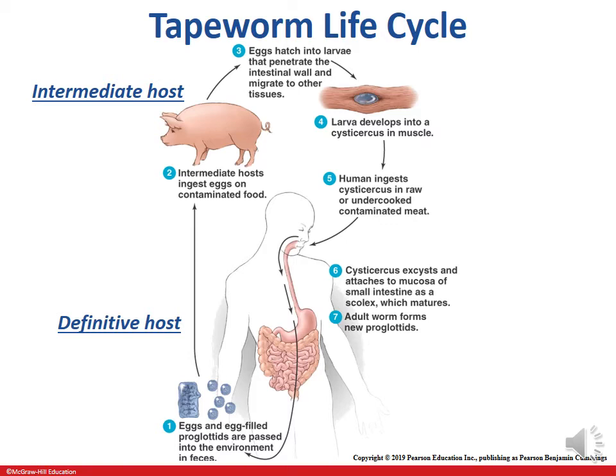And so if an intermediate host, and again, there's preferred hosts for each of these species. So if, for example, the pork tapeworm, the pig would be the intermediate host, and the intermediate host would be those that ingest the egg, and then the egg hatches in that particular host. And then once the egg hatches, it's the larvae that then migrate through the body, and typically will embed themselves in muscle tissue, but they can embed in pretty much any organ.